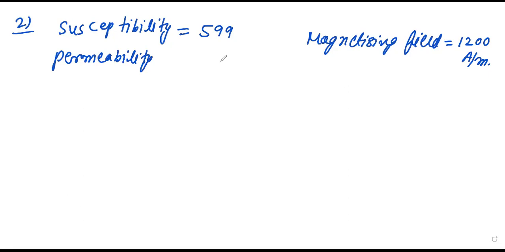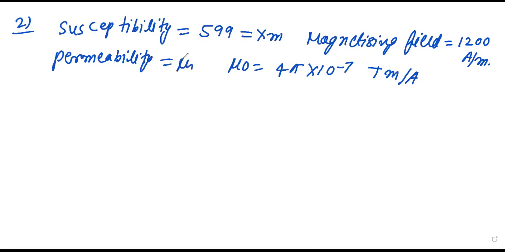Mu naught is given, that is 4 pi into 10 raised to minus 7 Tesla meter per ampere. So see, the susceptibility symbol is chi M. And we know the relation between them.